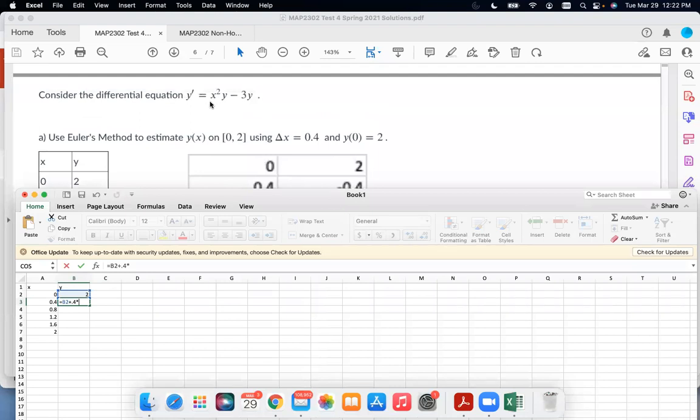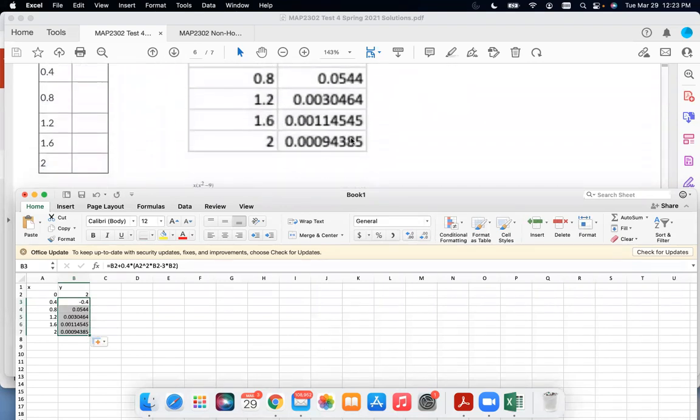So my derivative, I'm going to need parentheses here, will be the previous x squared times the previous y minus 3 times the previous y. Close my parentheses, hit enter. And then I can just drag that down. I could even just double click on it, or I could drag it down. And I get all my y values. Same things I got there.